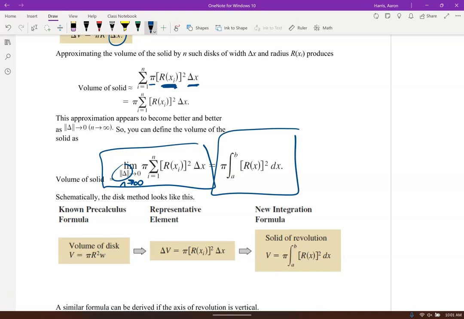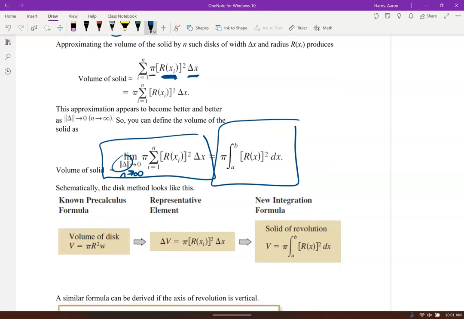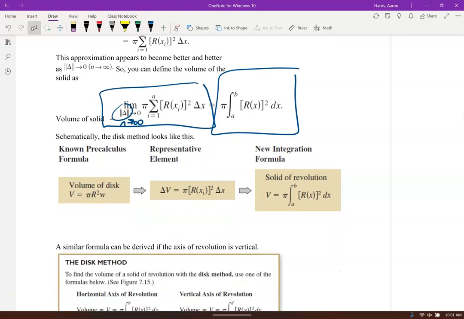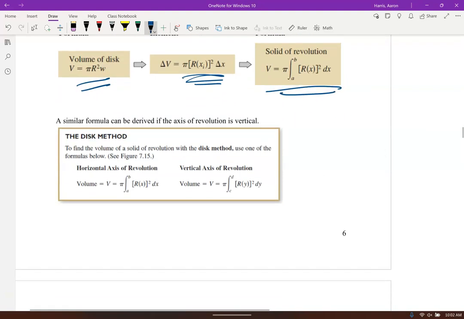So this is for the disk method, okay? So here's a little picture of it down here. So again, here's our pre-calc formula that we represent with our technical notation so that we can do the summation of all those, right? The limiting process with the summation to get to our integral, right? So there's your connection there.